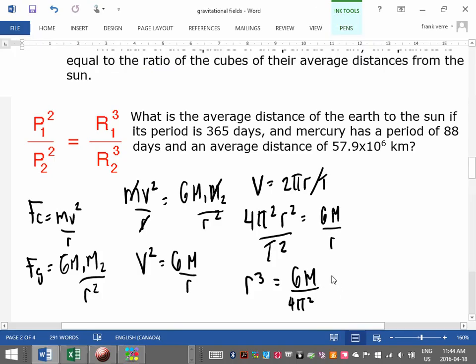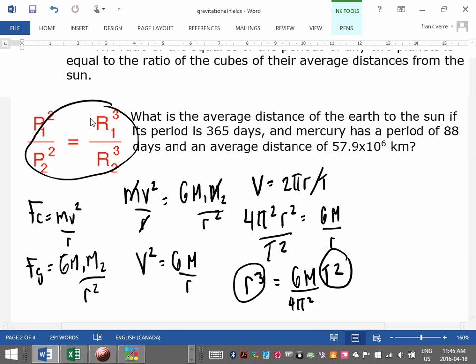So there's this relationship between the distance and the period according to this formula. And it's summarized here. So you don't have to go through all of this because the ratio is actually summarized here. So let's look at that with an example for a question, okay?